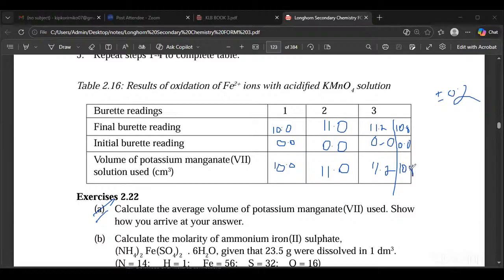Yani answer mbili zikuwe zimekaribiana by almost 0.2 or zitoshane ama zitoshane or zikuwe 11.